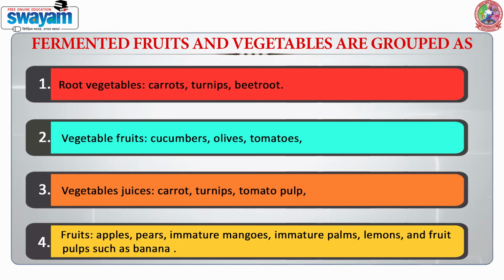There are certain fruits like apples, pears, immature mangoes, immature palms, lemons and fruit pulps such as the pulp derived from banana.